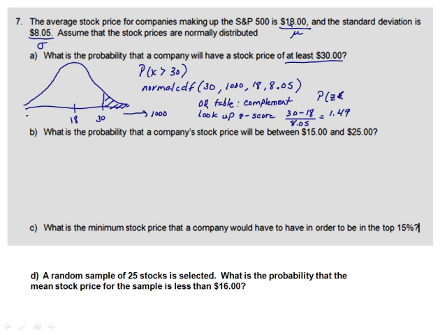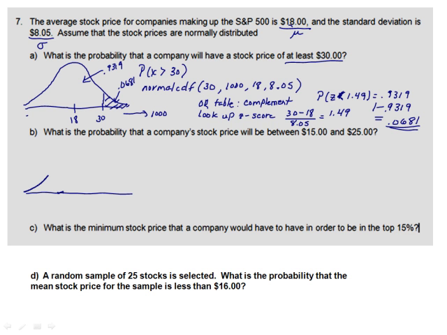So again, what the table gives us is the less than. So the probability that z is less than 1.49 is 0.9319. If we subtract that from 1 to get our answer, we get 0.0681. That should be close to what you got on your calculator if you did it with your calculator. Now next question. Oops. So our two areas, the one that we found from the table, the 0.9319, was going to the left of the 30, and the complement is going to the right of the 30.